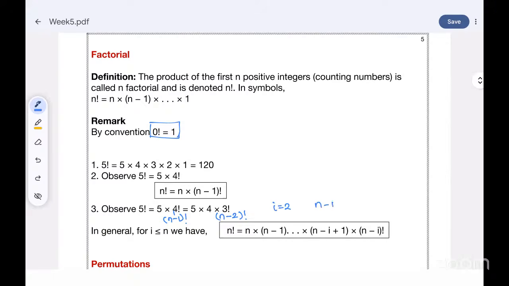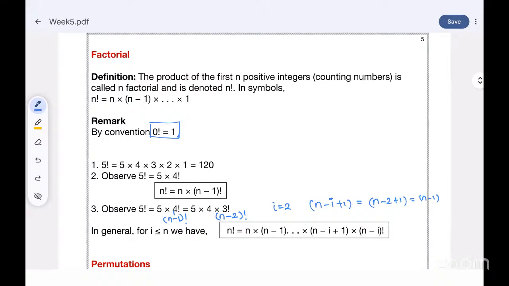So what is n minus i plus 1? That is n minus 2 plus 1, it is simply n minus 1, right? So here it is n into n minus 1 into n minus 2 factorial. Okay. So in this specific case, your i is 2. Okay. Fine. This formula, all the 3 points here, is it clear for everyone? Yes, ma'am.